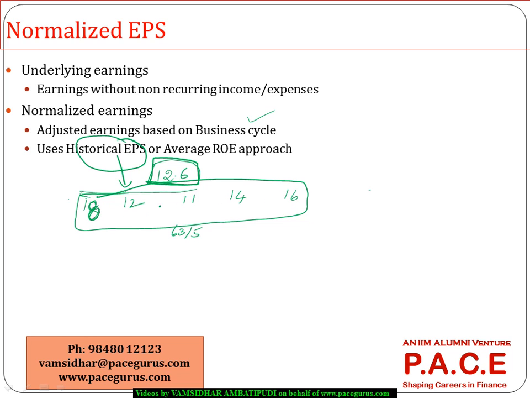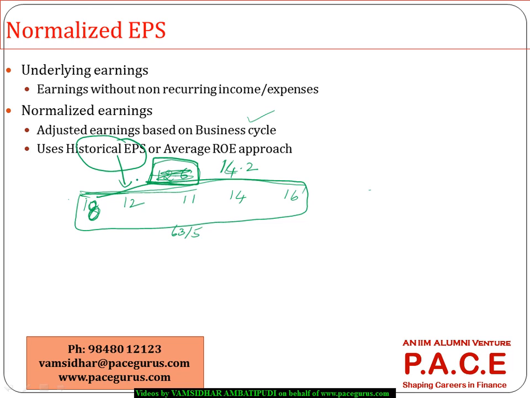So 8 more, 30 plus 30, 60, 71. So 14.2 is what I should take as the average EPS going by the average EPS mechanism, especially when I am looking at a business cycle kind of scenario.